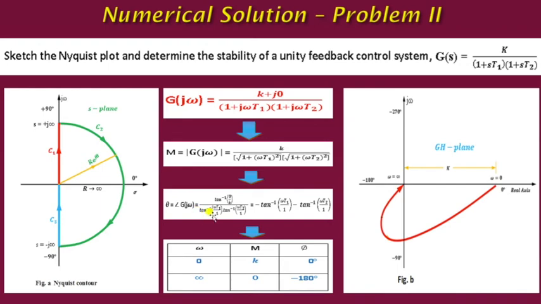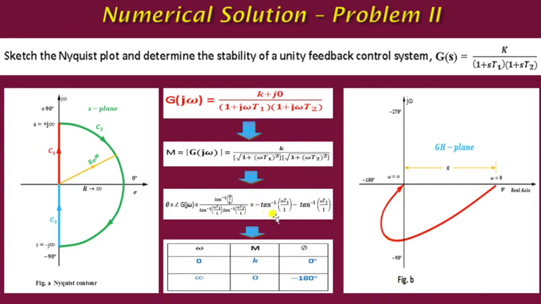And the denominator is tan inverse omega T1 by 1 plus tan inverse omega T2 by 1. Then this angle is minus tan inverse omega T1 minus tan inverse omega T2 by 1. When omega equal to 0, what is the angle?